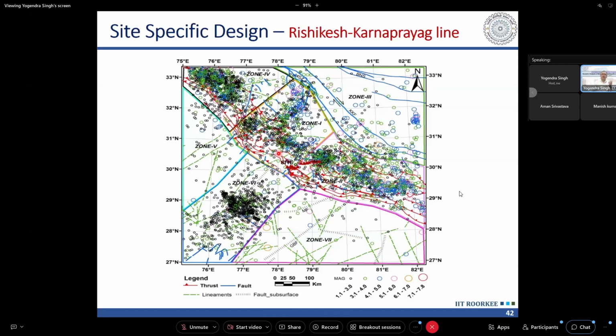So if we take the instrumental record, the actual number of recorded earthquakes is very large. But most of those are very low intensity, and were not even felt by the people. That's why you see so many earthquakes. But those earthquakes are also a good indicator of the magnitude of the earthquake which we are going to have in future at the site.